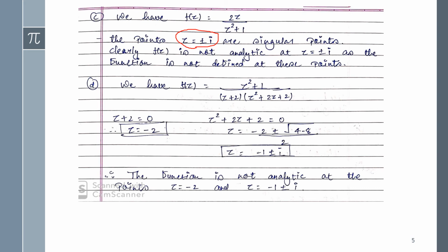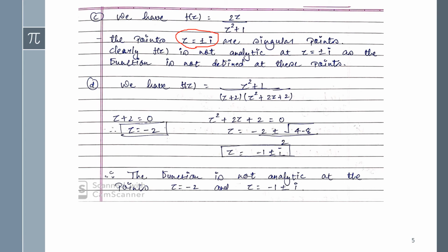I hope you all are aware of how to find singular points, which we did in the second semester in the power series. So to find the singular points, again repeating, you have to put the denominator equals to 0. Here you are getting z equals plus or minus i as the singular points, and definitely that will not be analytic there.